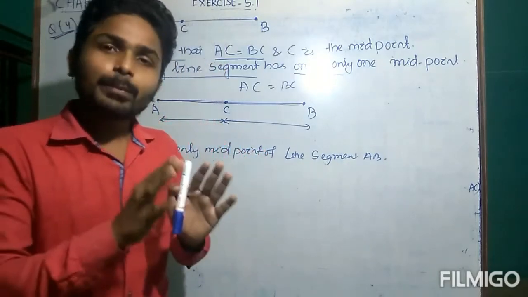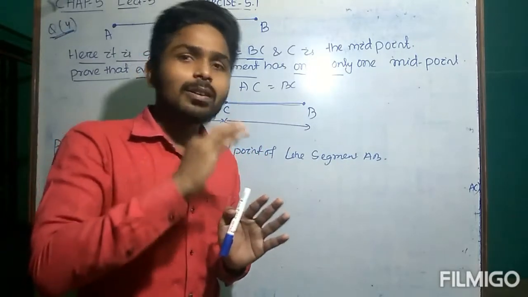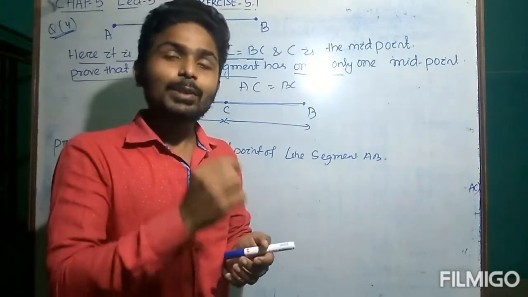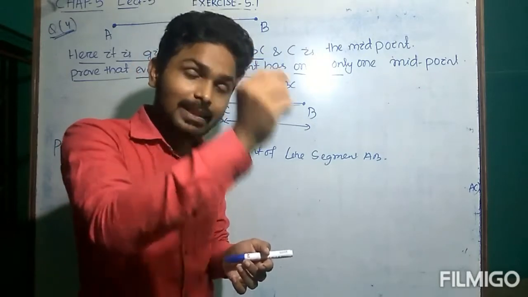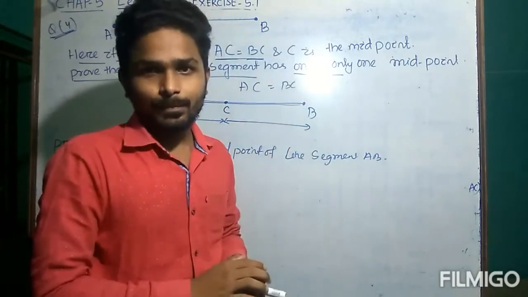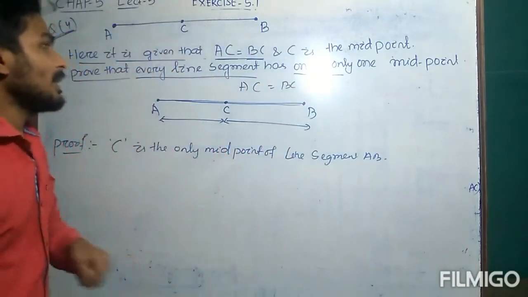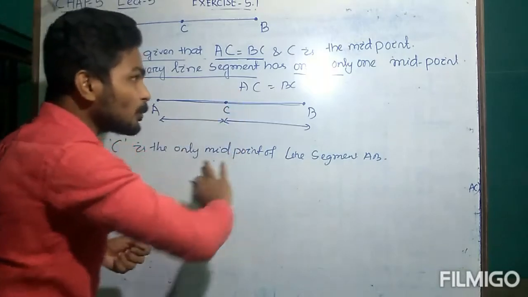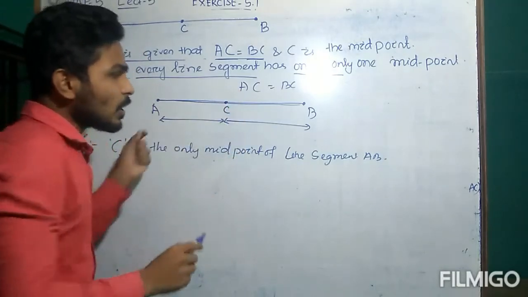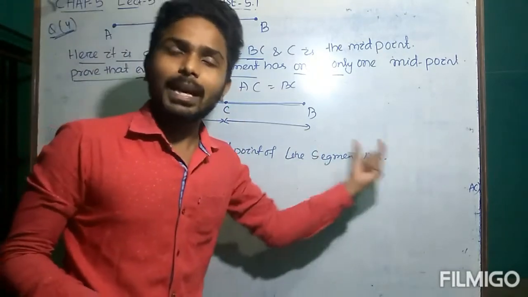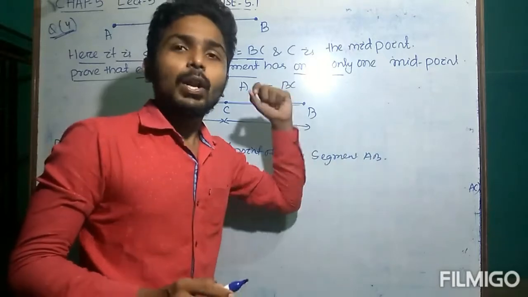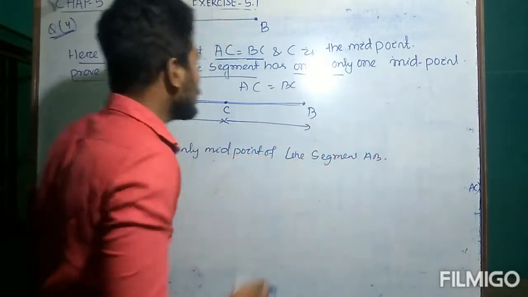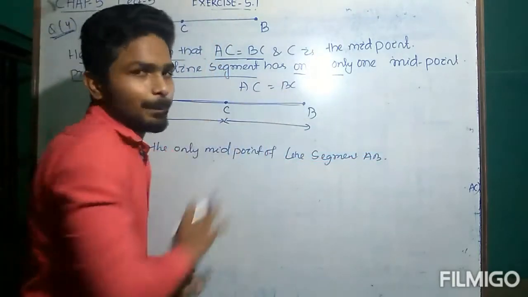So in this method you first take a wrong statement, then you prove that your statement is false. You have to prove that point C is the only midpoint of line segment AB. That means there exist no other points which will be the midpoint of AB.